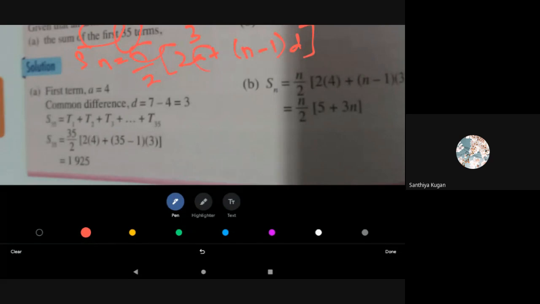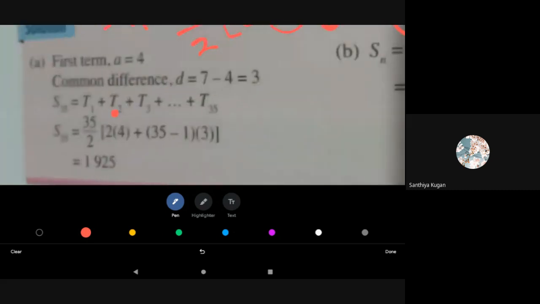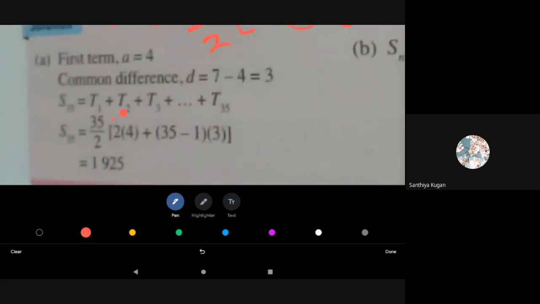Then a is, what was it? a is 4. And 35 again. And d is 3. So 35 over 2, 2 times 4, plus 35 minus 1 times 3.